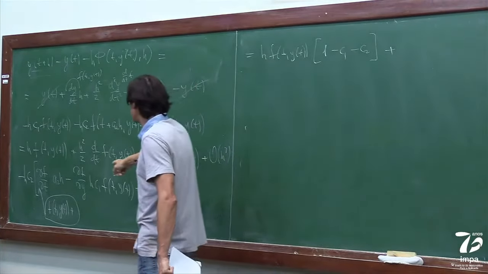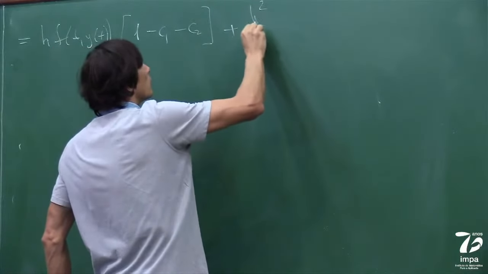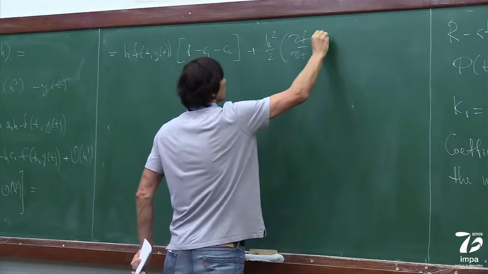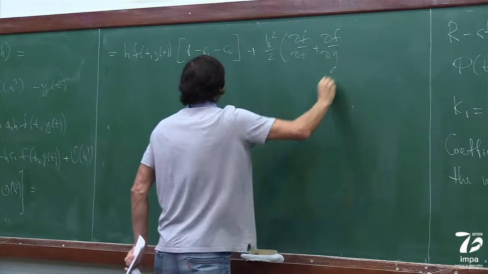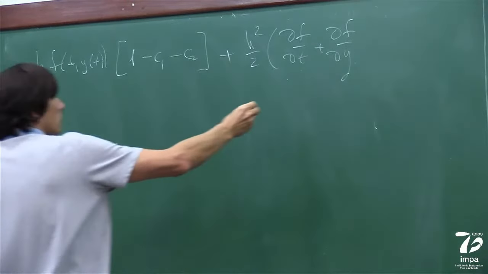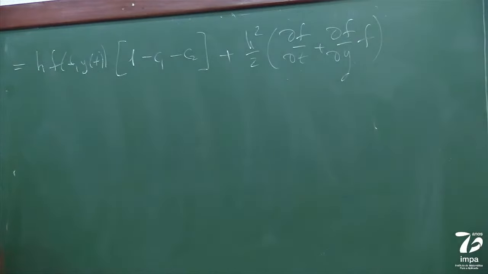Then remember that this should be opened up, right? So it will be h squared over 2 df/dt plus df/dy, and then again dy/dt, which gives f.